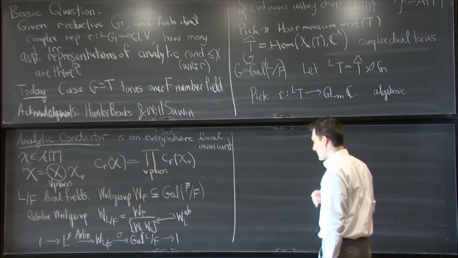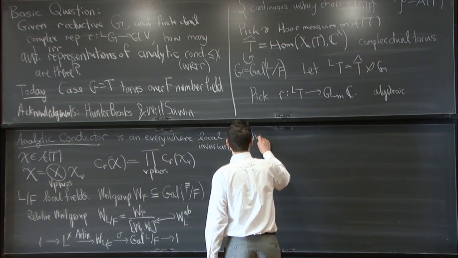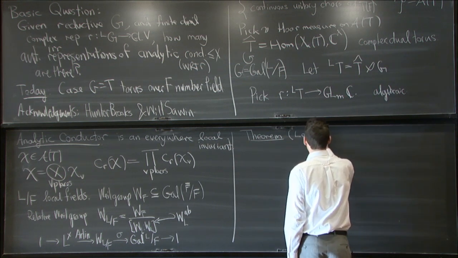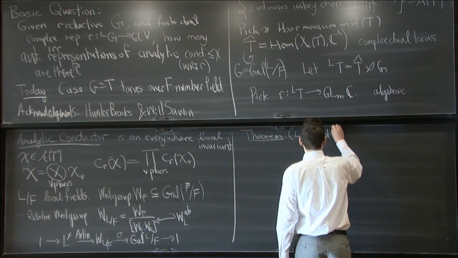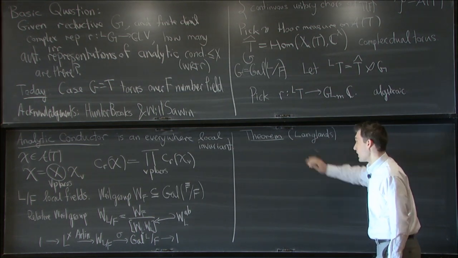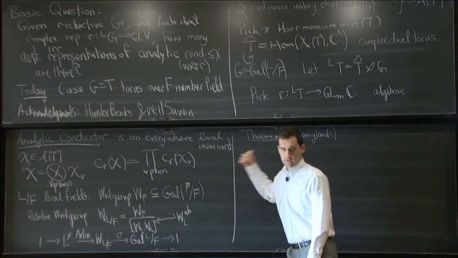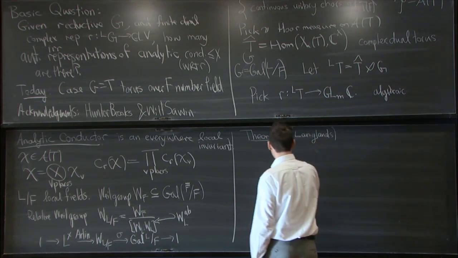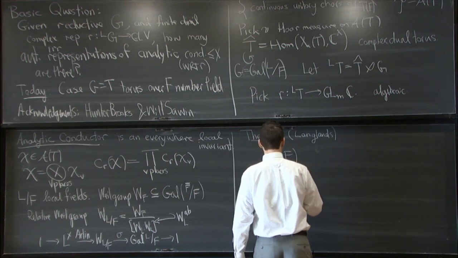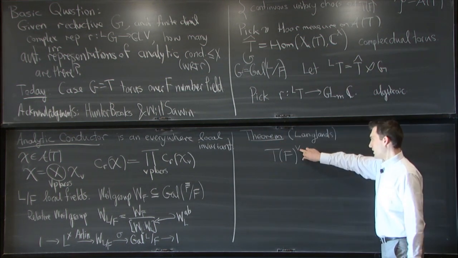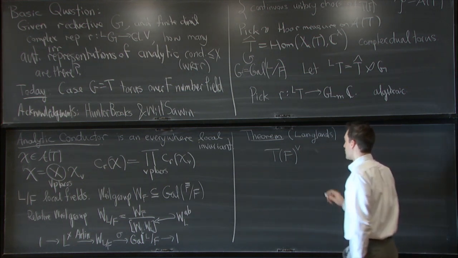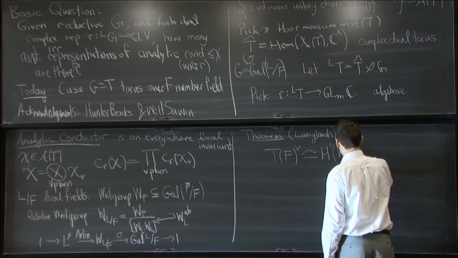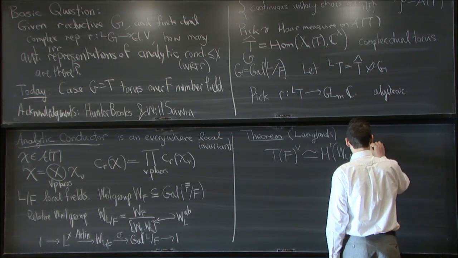OK, so then a theorem due to Langlands. This is just the local Langlands correspondence for tori. I'm going to define these by going through this local Langlands correspondence for tori and pulling the conductors from the Galois side. So this says that T_F, where the hat means Pontryagin dual, is isomorphic to this group cohomology group, H^1(W_{L/F}, T hat).